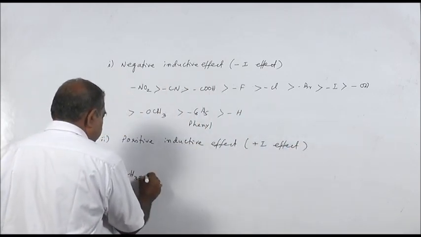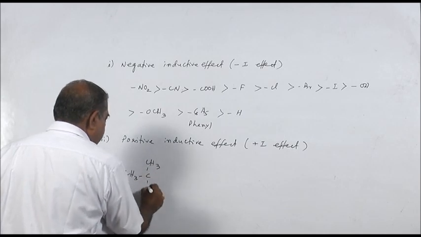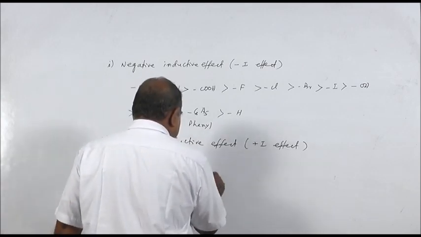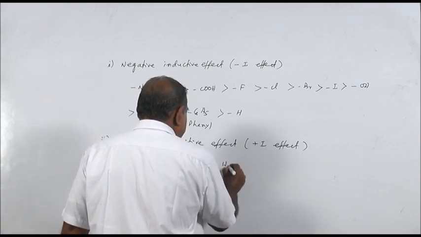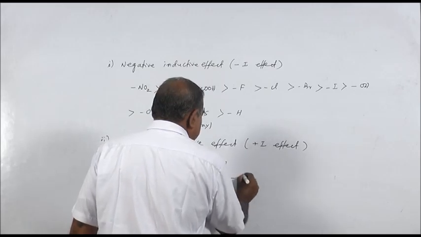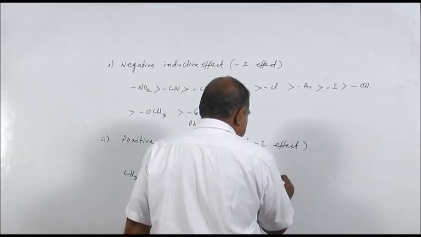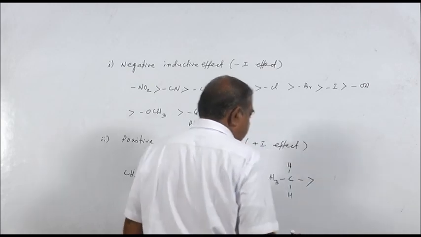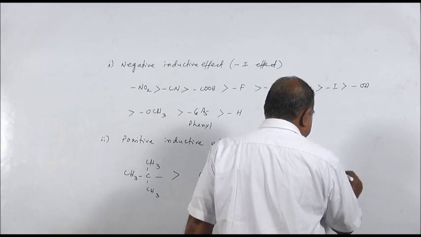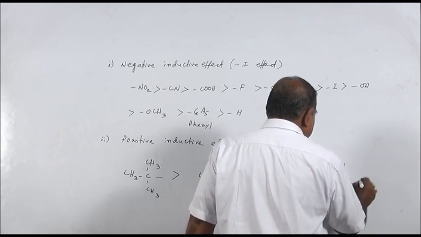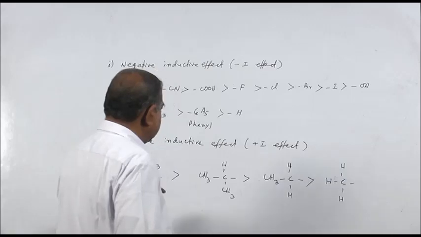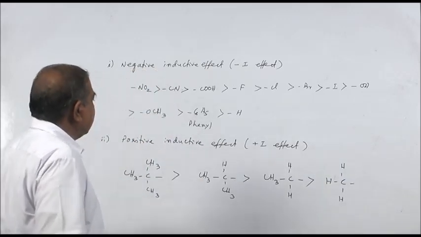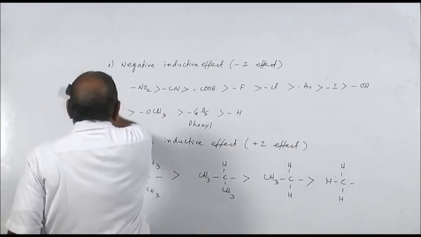Say, the tertiary carbon atom has a maximum, it pushes, then the secondary carbon atom, then the primary carbon atom, then only hydrogen. So these groups are capable of pushing electrons away from it, and the others withdraw electrons from it.